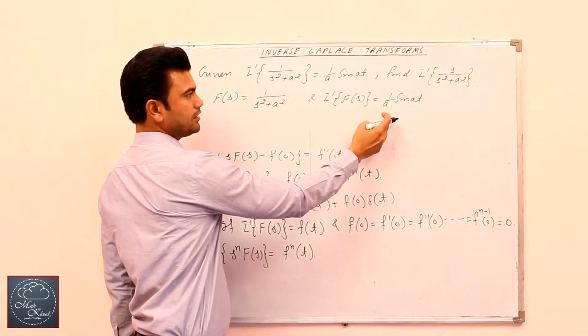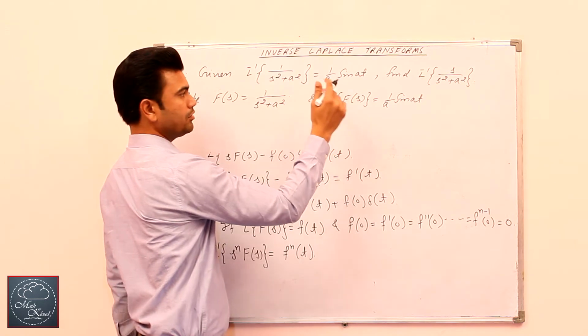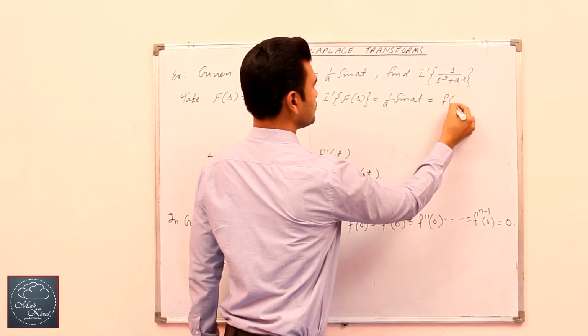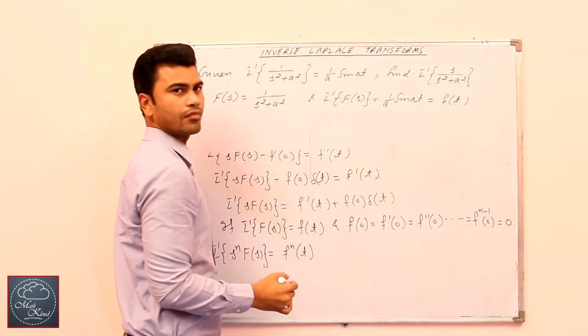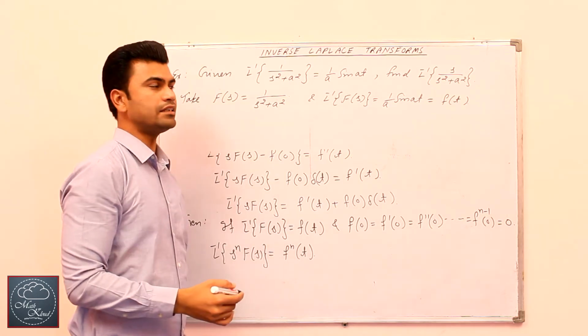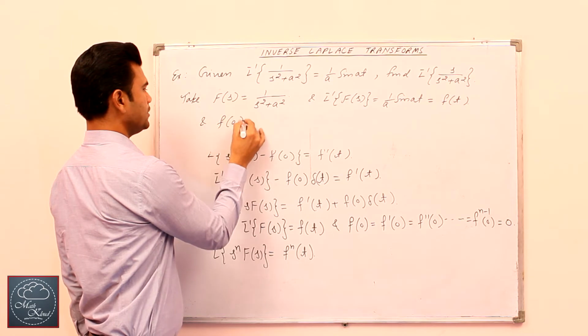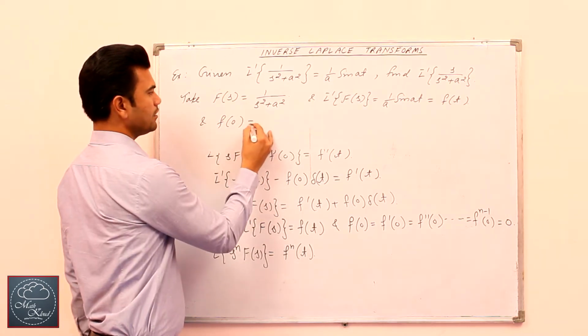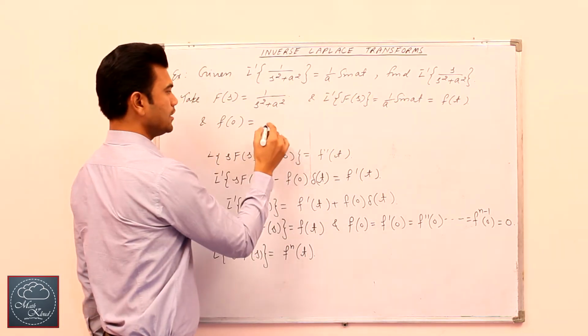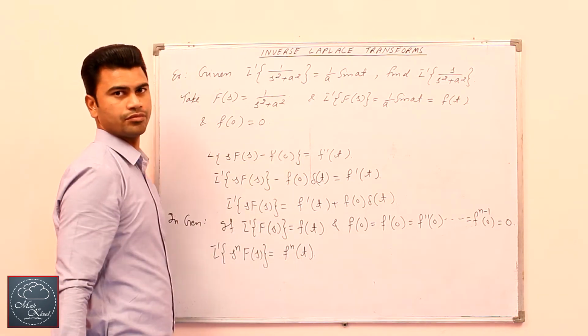I write this as f(t), and when you take t equal to 0 in this f(t), that will be sine of 0, that is 0.